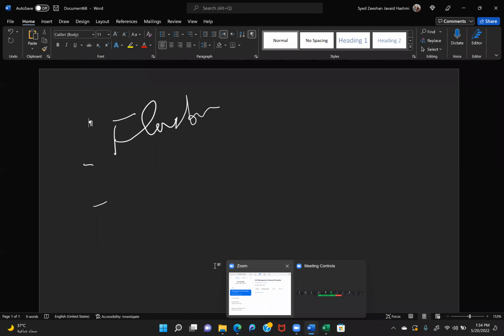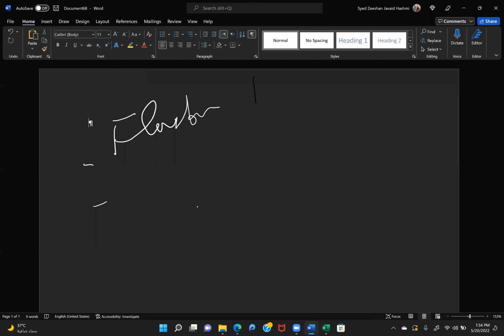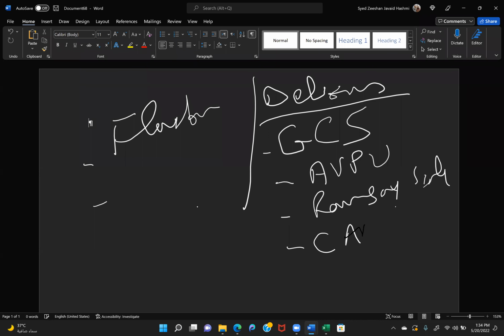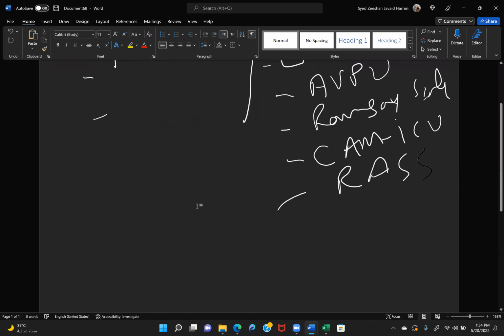Okay. So one thing is delirium, which we talked about. But generally the tools for assessment of the neurological system or conscious level are GCS, AVPU, the Ramsey scale, CAM-ICU, and the Richmond Agitation Sedation Scale.